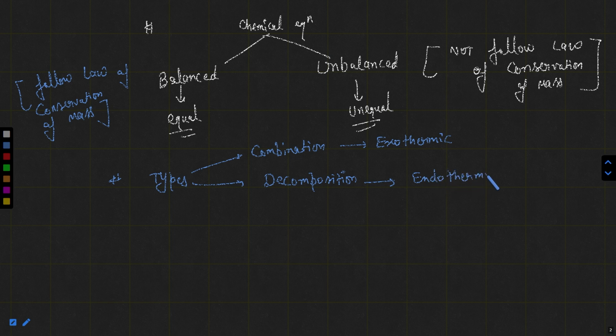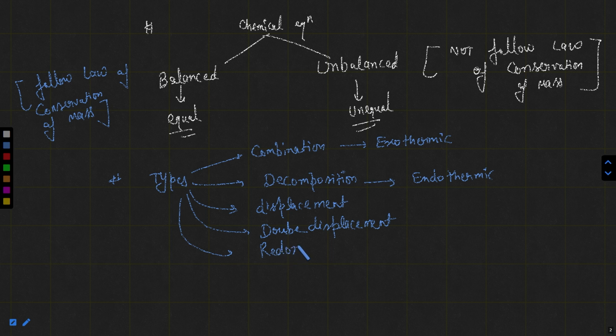I will give you an overview, then we will start the NCERT exercise. Then the displacement reaction, or you can say single displacement reaction. Then double displacement reaction. Another is the redox reaction. In redox, we have two terms: oxidation, oxidizing agent, and reduction, reducing agent.